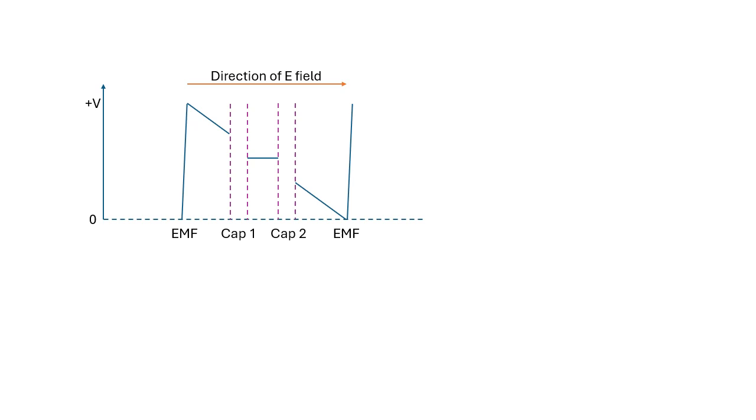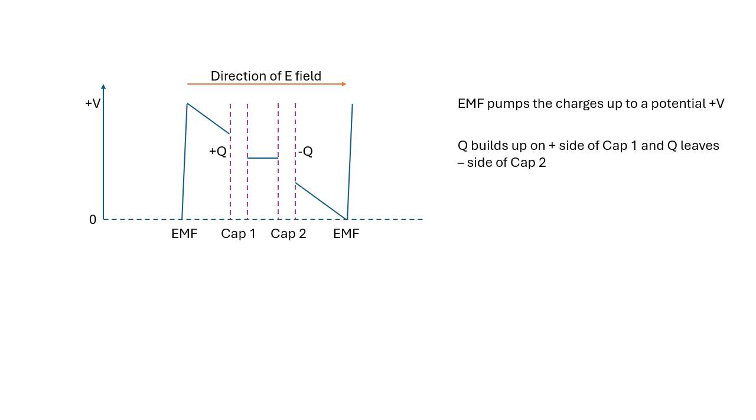Now let's put two capacitors in the circuit. These capacitors are in series because the current has to flow through one and then the other. So the EMF pumps charges up to a potential of plus V, and the charge will build up plus Q on one side of capacitor 1, and minus Q is going to be on the other side of capacitor 2 because of charge leaving.